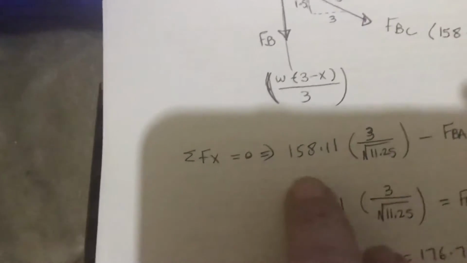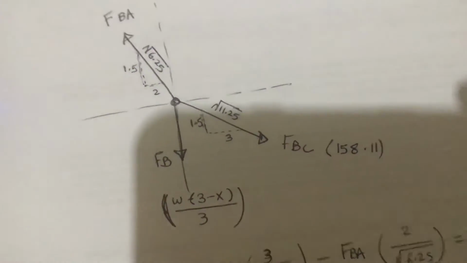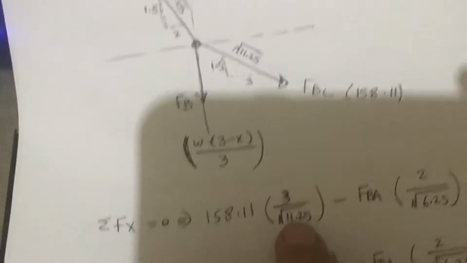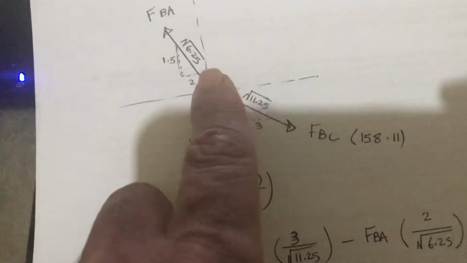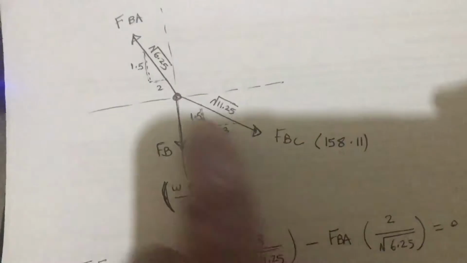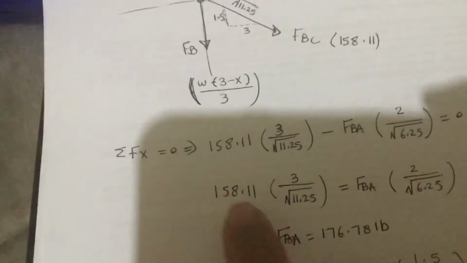Summation of forces in the X equal to 0: 158.11 times 3 over square root of 11.25, in the plus, and in the negative, minus FBA times 2 over square root of 6.25, equal to 0.